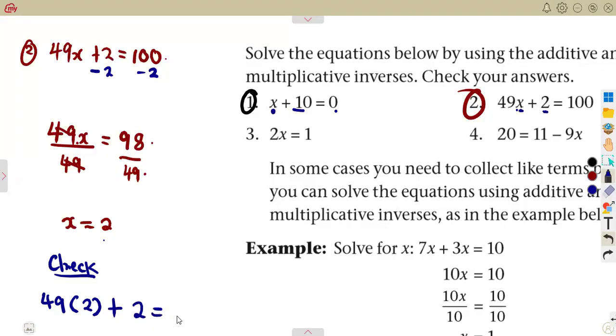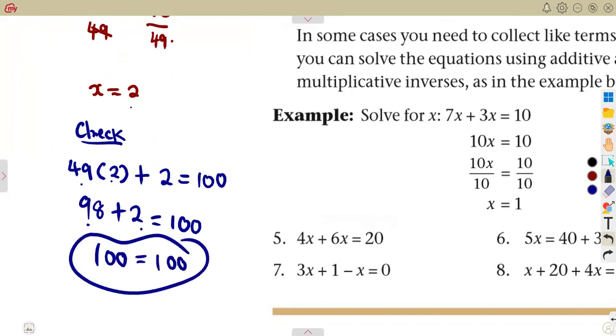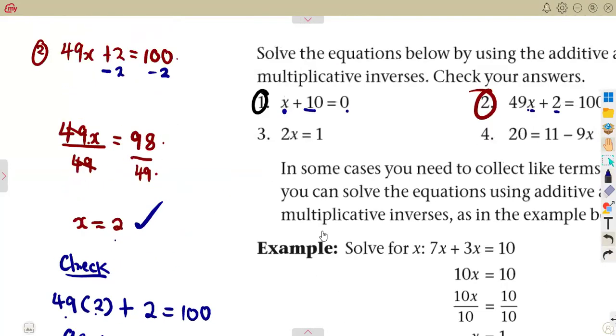It is supposed to give us a 100. All right. Let's simplify and see. 49 times 2, that is 98, plus 2 is equal to 100. 98 plus 2, that is 100. 100 is equal to 100. As you can see, the left-hand side is equal to the right-hand side, meaning to say this is true. The value of x that we just obtained is correct.